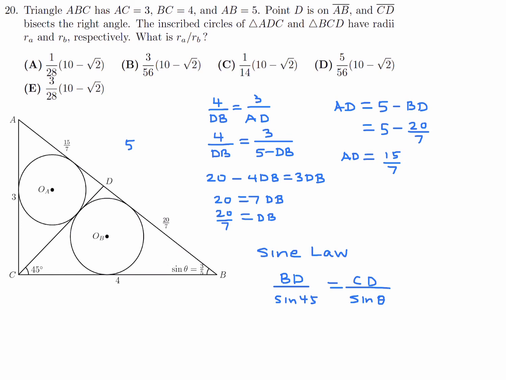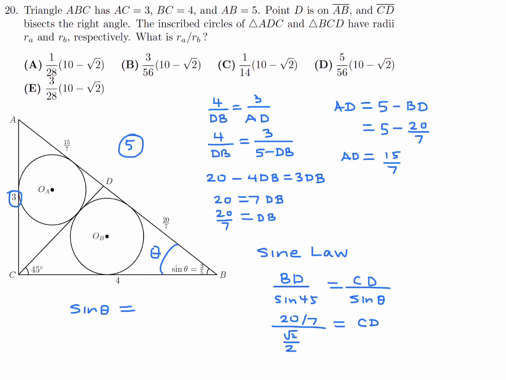Now, the good news is that for BD we actually have a numerical value. It's 20 over 7. The sine of 45, we know, is root 2 over 2. That's a standard number that most of you probably have memorized. And then CD is what we're trying to figure out. Now, what about the sine of theta? Well, since this angle I have denoted as theta, the sine of theta is opposite over hypotenuse.